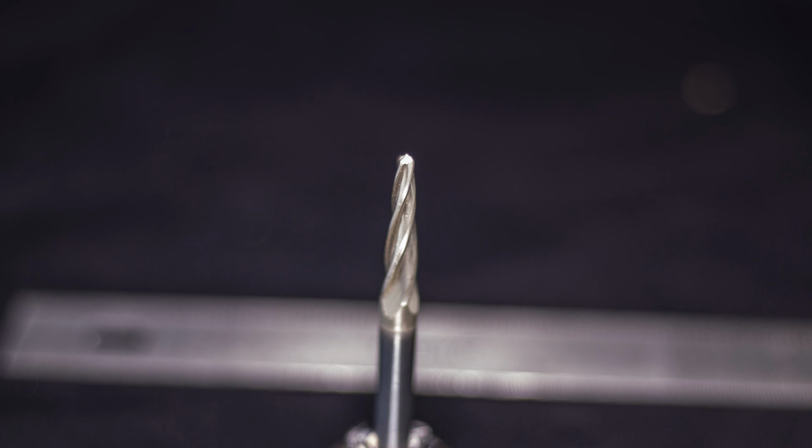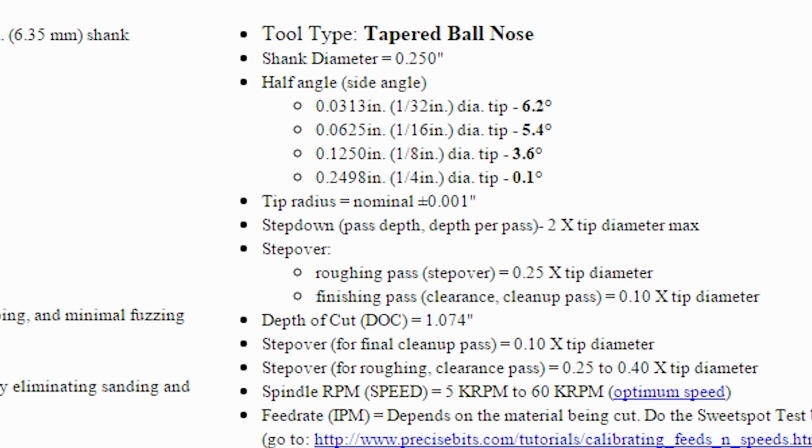Let's focus on this bit right here, and there are some things that are very, very important that we know about the bit before we enter it in Vectric. On a tapered Ballnose, you have to know the shank diameter. In this case, it's 1/4 of an inch.